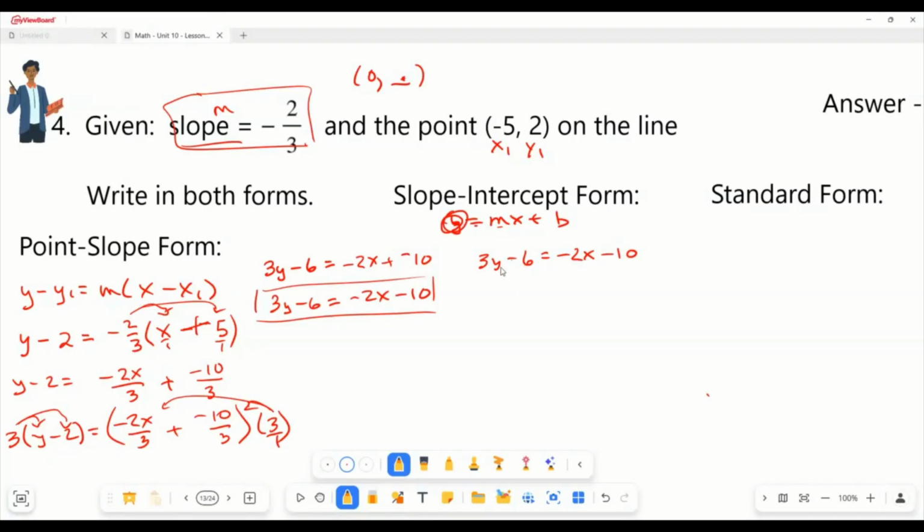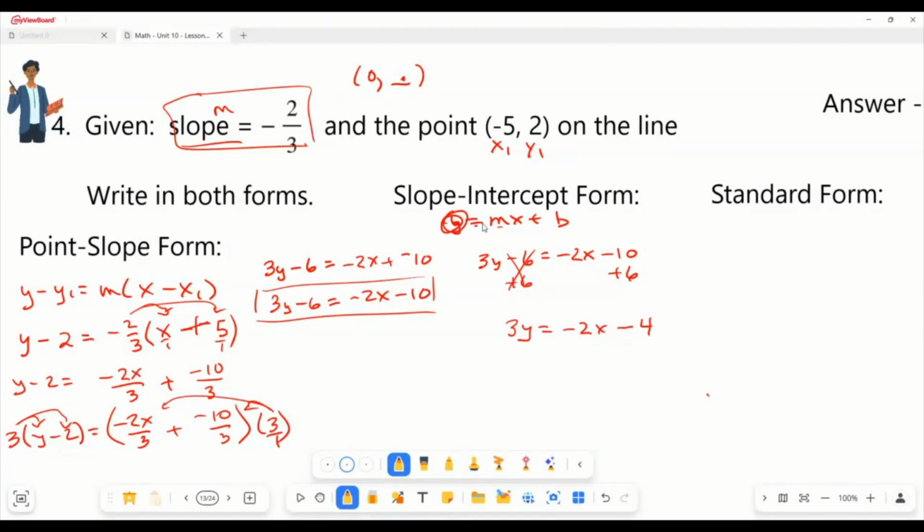We undo addition or subtraction first, so we add 6, add 6. I'm doing the opposite. These add out. We're left with 3y. Over here, negative 2x, and then we can put together negative 10 and positive 6. That becomes negative 4.